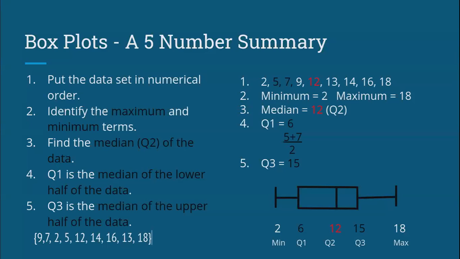Okay? And remember, 5 number summary. Those are the things in your directions that you should underline. Those are the 5 numbers that go in the summary: your maximum, your minimum, the median of the entire data set, the median of the low end, and the median of the high end.